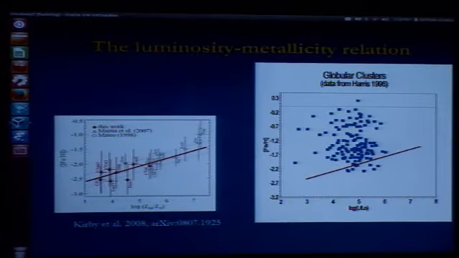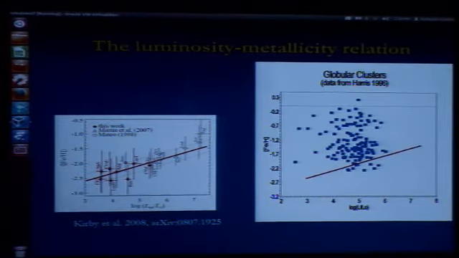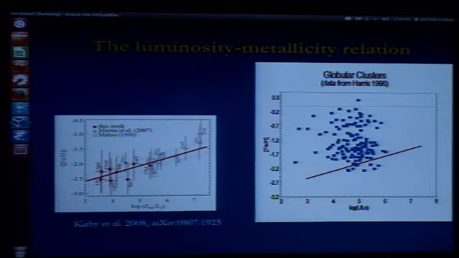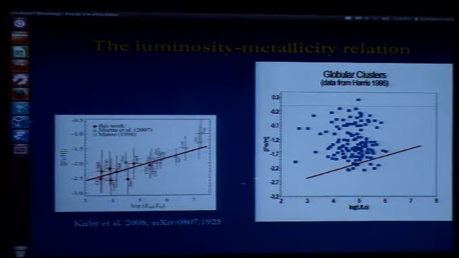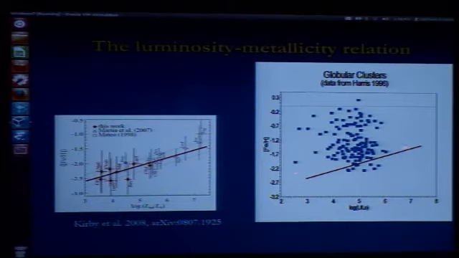Okay, another thing that you can do is coming back to this diagram that I showed the first day, the luminosity-metallicity relation. Okay, I showed that dwarf spheroidals obey a luminosity-metallicity relation, while globular clusters do not, and that the relation for the dwarf spheroidals is the lower envelope of the distribution for the globular clusters.